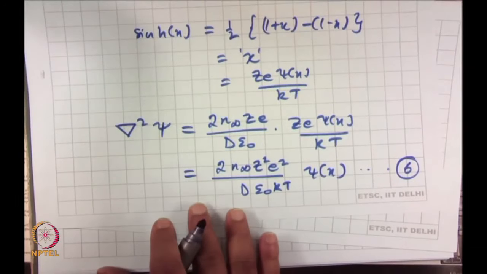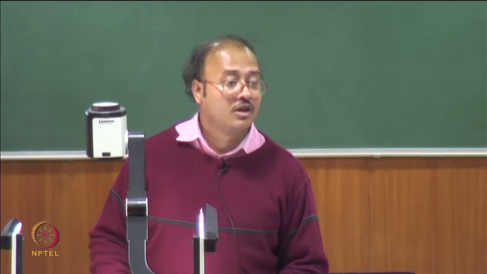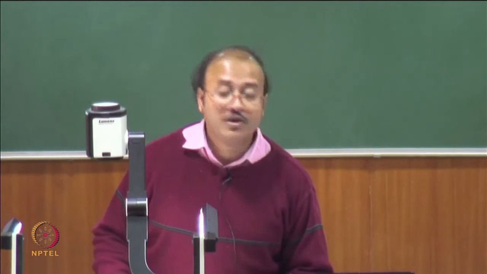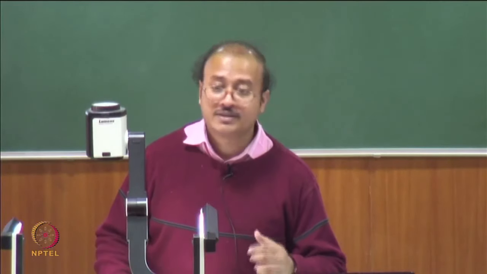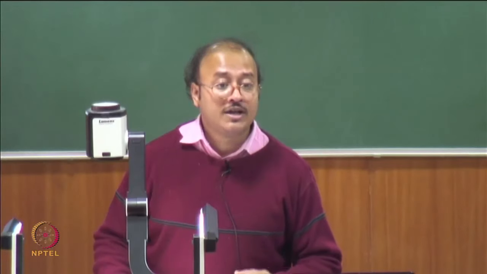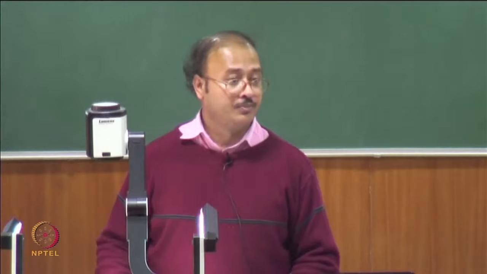What do you think is the major difference between equation 6 and equation 5? Equation 5, as we discussed just now, was a nonlinear equation and we had to solve it numerically, but now we made this assumption that x is small, and with that we have transformed a nonlinear problem to what problem? A linear problem.